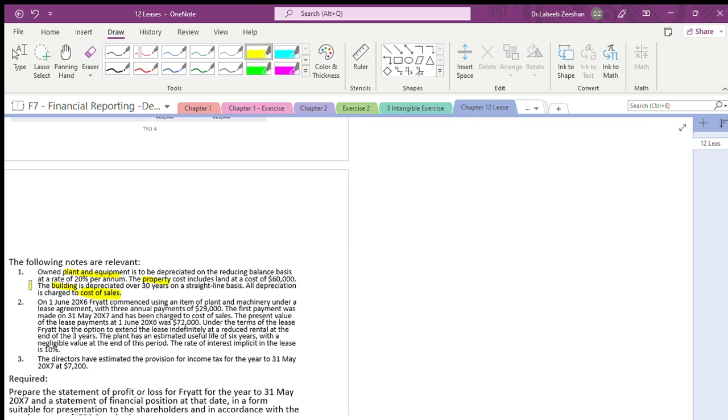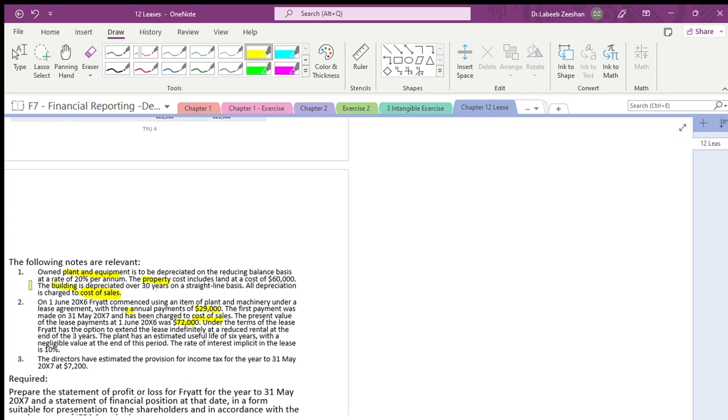On 1st January you commence using an item of plant and machinery under a lease agreement, with 3 annual payments of 29,000. The first payment is charged to cost of sales. The present value is 72,000.